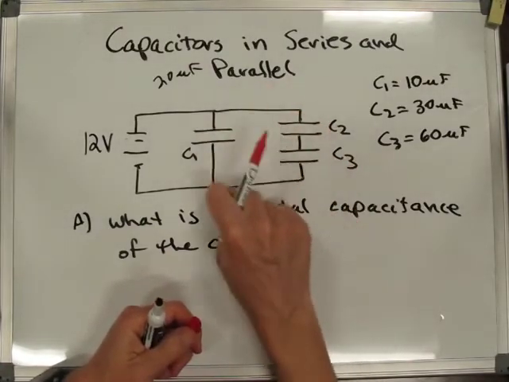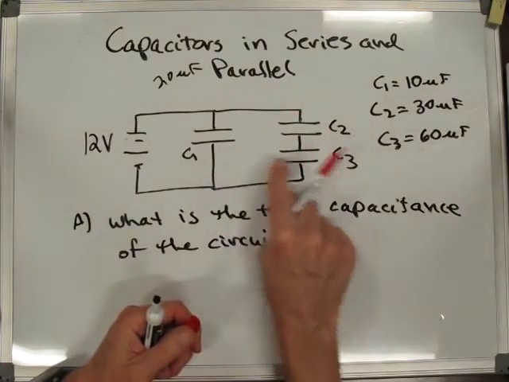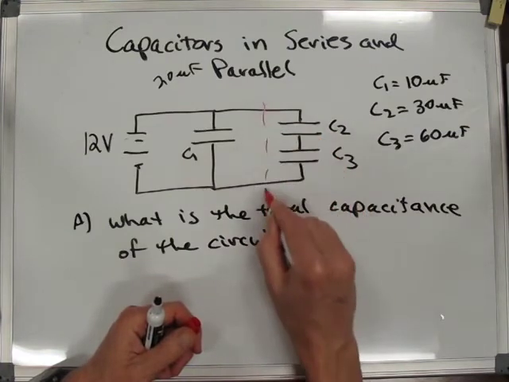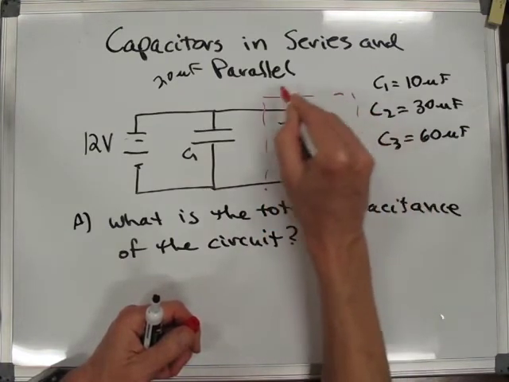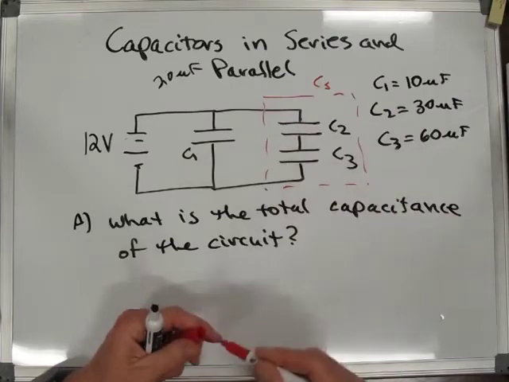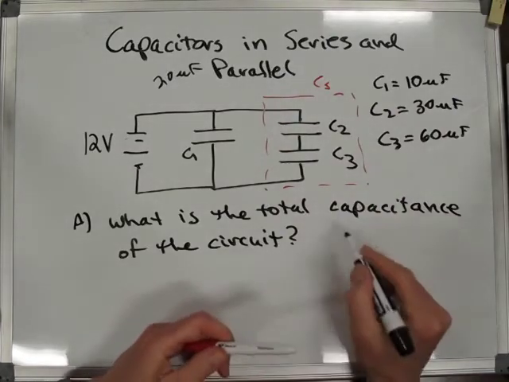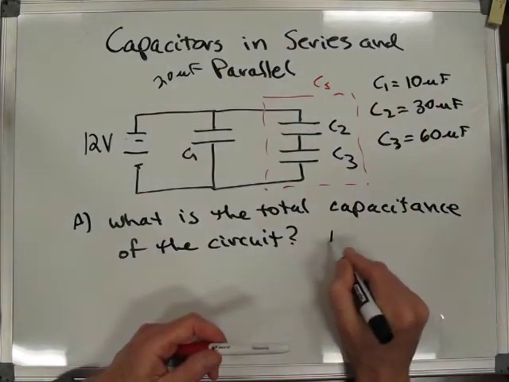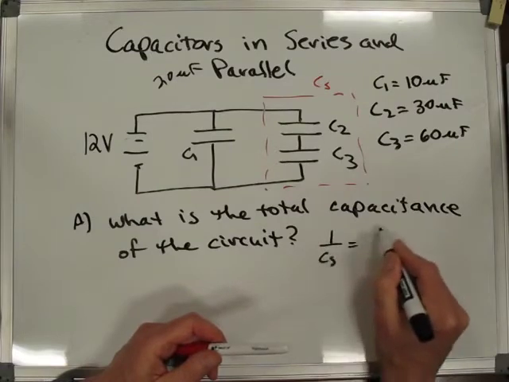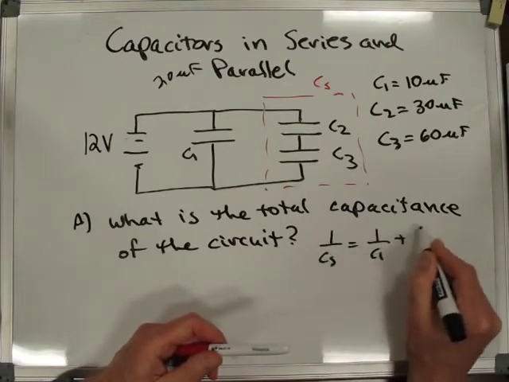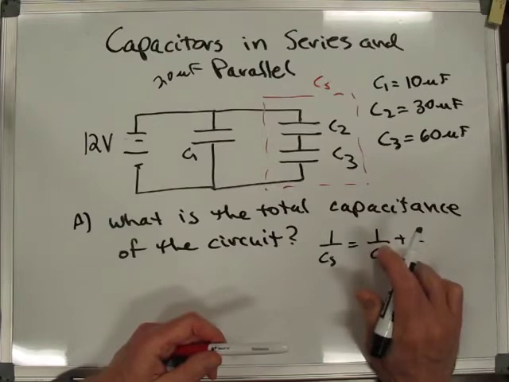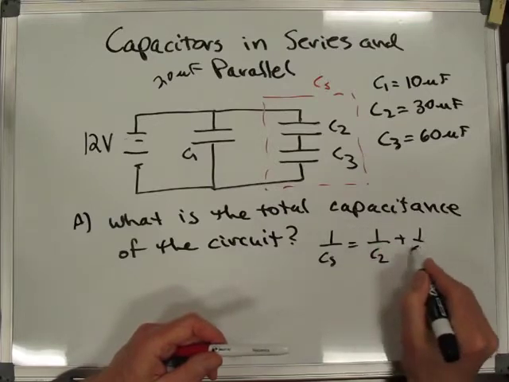These two branches are in parallel, but I can't do a parallel calculation yet because I've got two on this side that are in series. So I have to start with the series, and I can say 1 over C series is equal to 1 over C1 plus 1 over C2, keep doing that, plus 1 over C3.